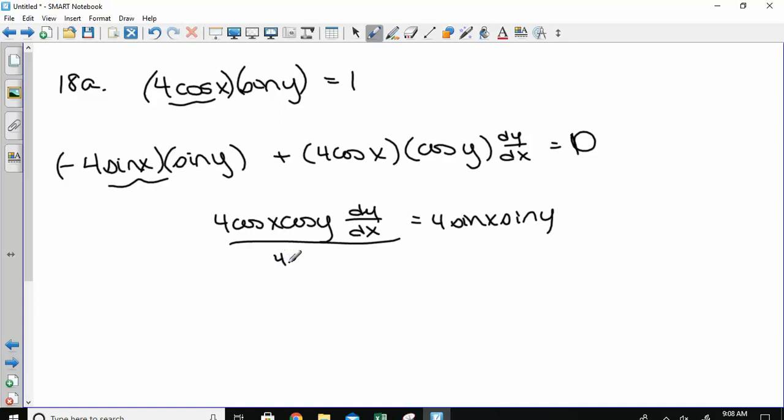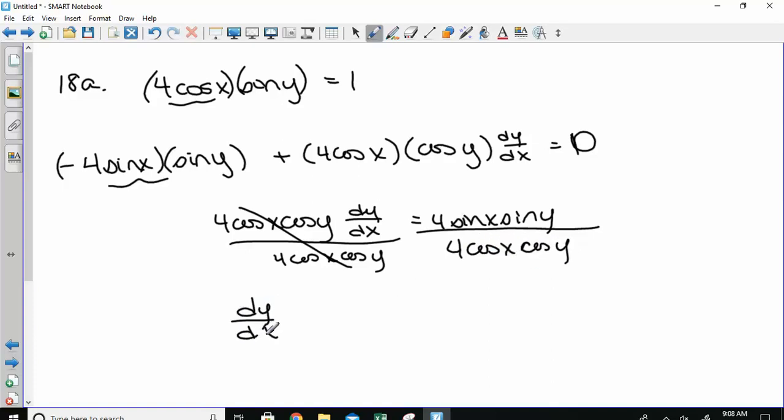And then if you divide by the 4 cosine x cosine y, dy dx equals, the 4's cancel. You could leave it as sine x sine y over cosine x cosine y.